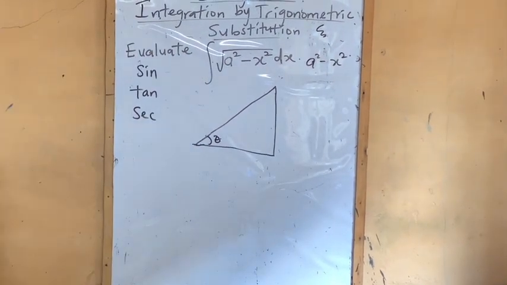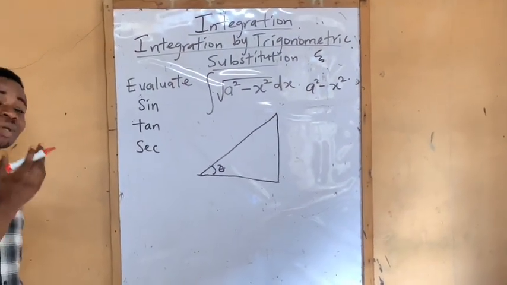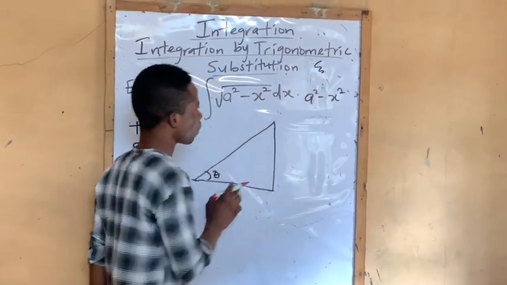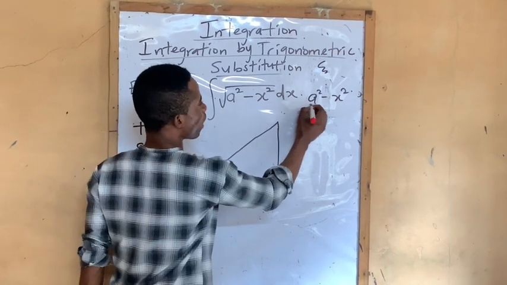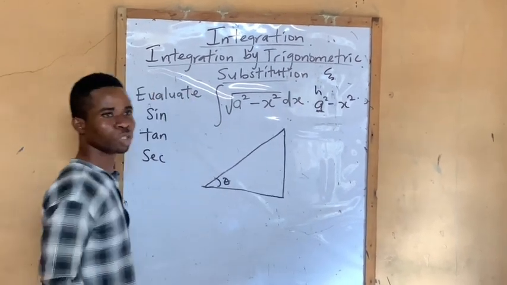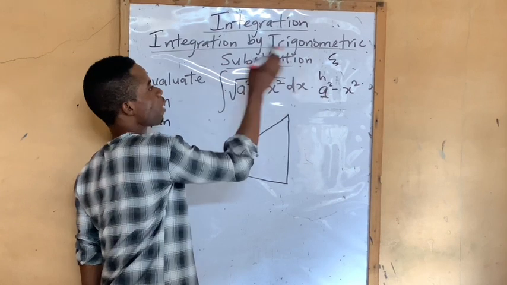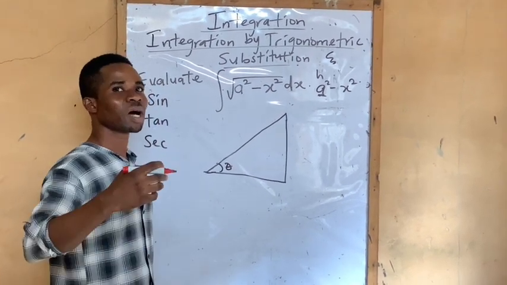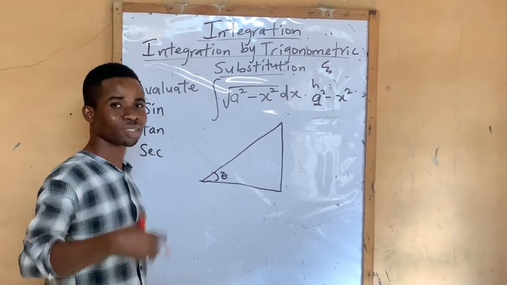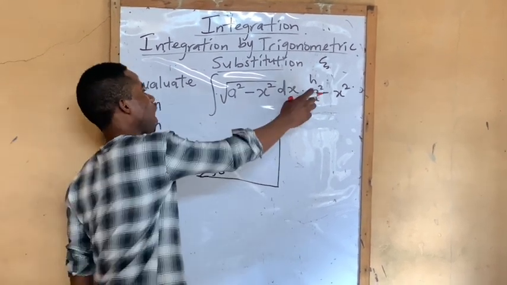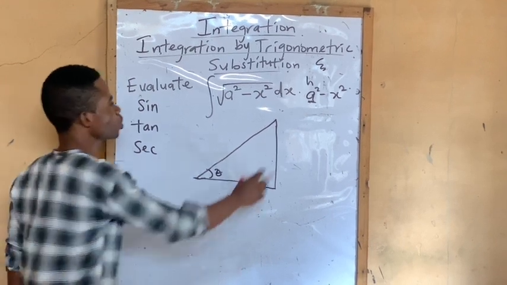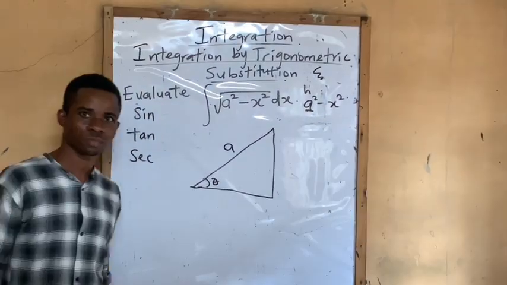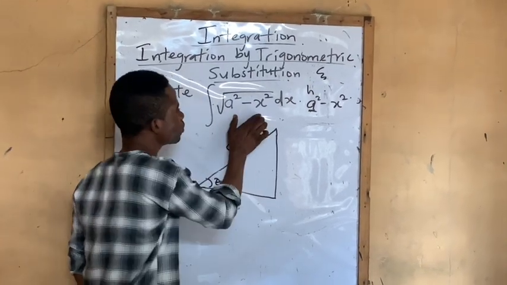In a normal Pythagoras theorem, this will be my hypotenuse, because the hypotenuse is always the highest of all the sides. So the A will be here.